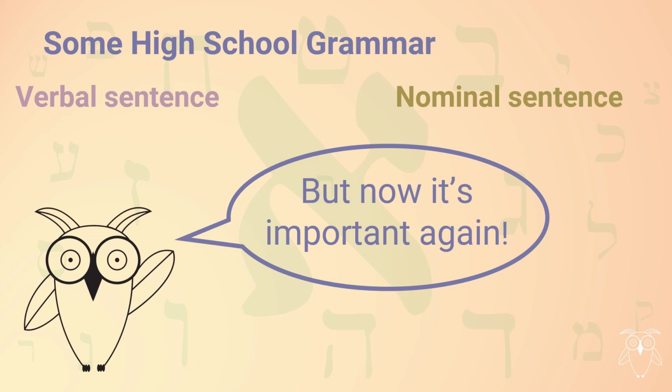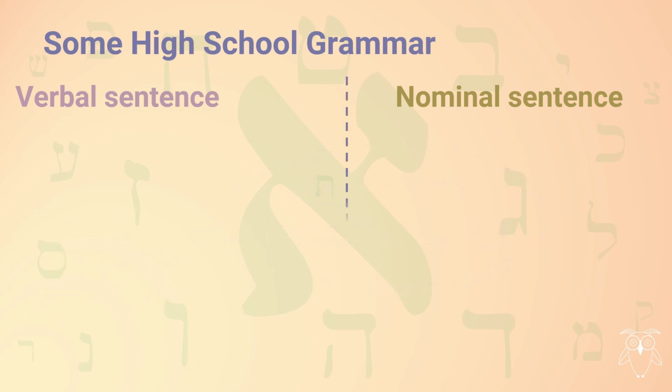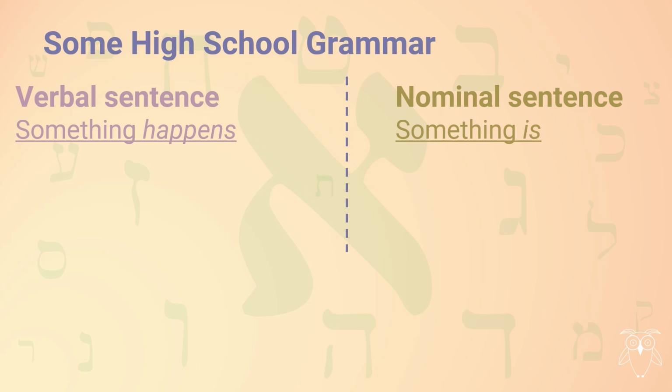So, let me give you a basic summary of the difference between verbal and nominal sentences. I'll leave the finer details behind, but in simple terms it goes as follows. In a verbal sentence, something happens. In a nominal sentence, something is, or is the case.